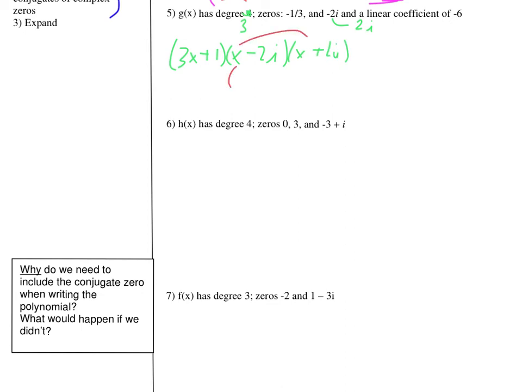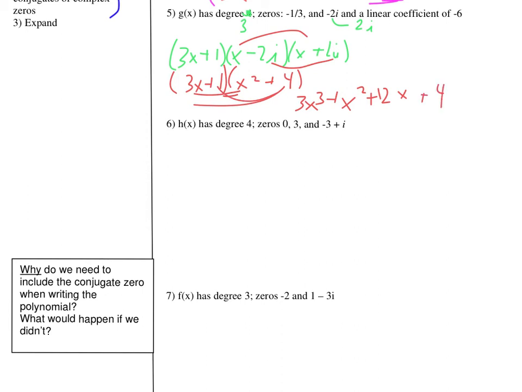So then we will multiply those together. We can do the conjugates first. So we get x squared, and then this one will be negative 4i squared, so it's going to be plus 4. Multiply that by 3x plus 1. So that gives us a full FOIL here, 3x to the third, plus x squared, plus 12x, and then plus 4.